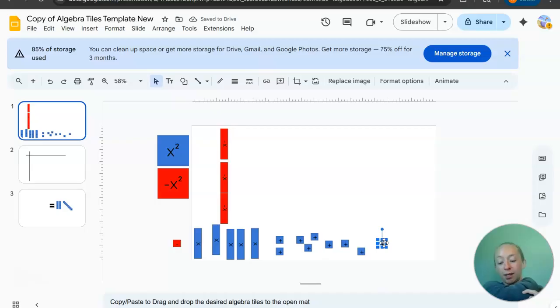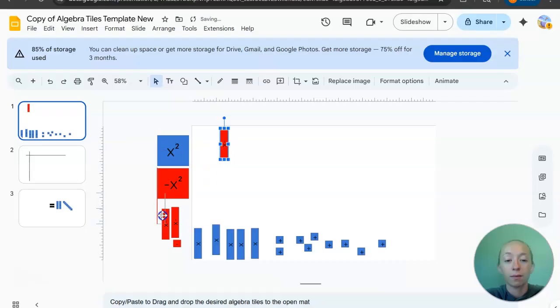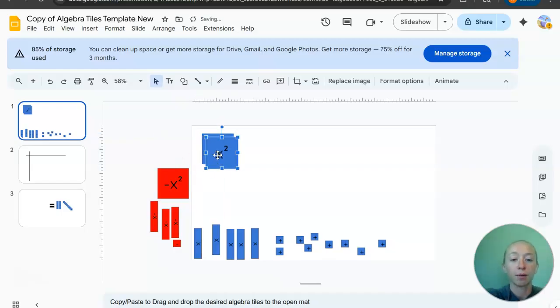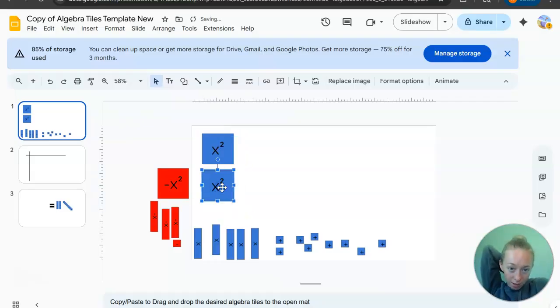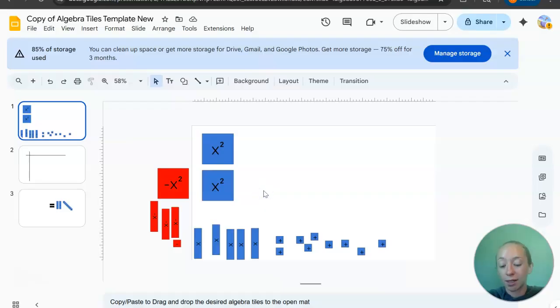So doubling what's on the inside of the parentheses, which is 2x plus 1. So if we're doubling 2x, we can use these squares here because we have x squared. So doubling what's already 2x is x squared, and we have that 2 times, right?